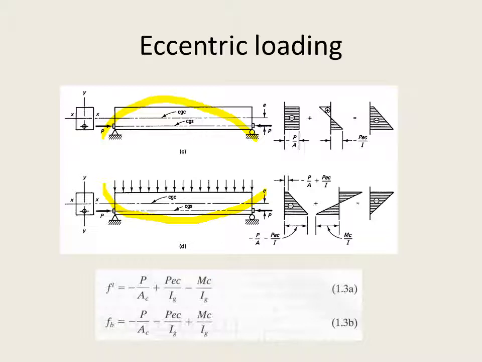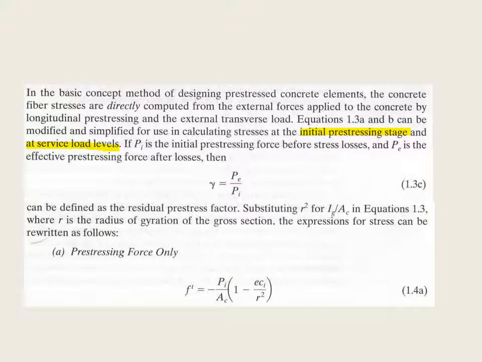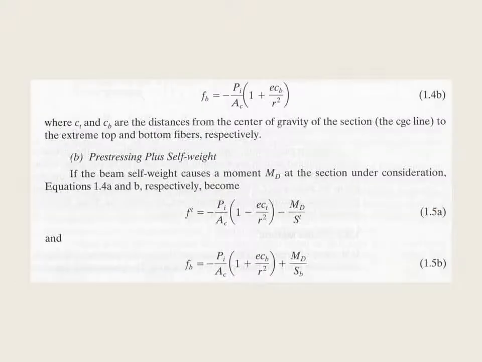On the previous equation you can see positive and negative signs. When you factor, negative negative, so positive, negative positive, negative. Again, C_T and C_B are distances from the center of gravity of the section, or the CGC line, to the extreme top or extreme bottom. Next is prestressing plus self-weight.